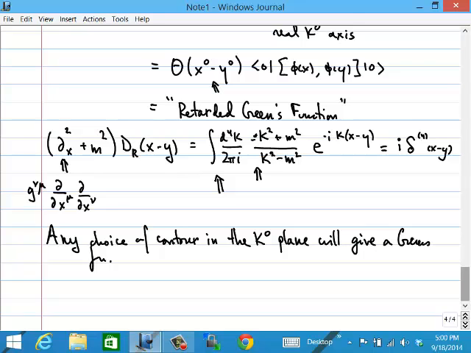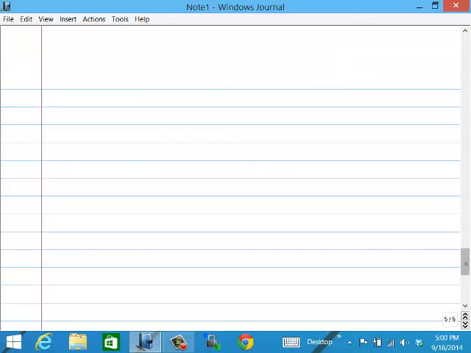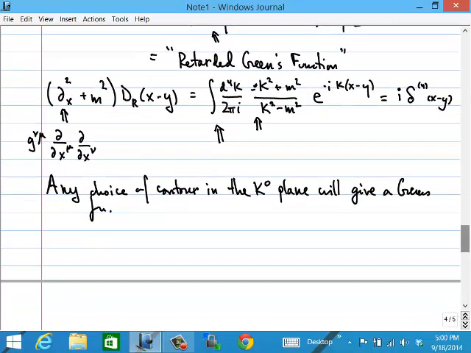So in our future studies of quantum field theory, we'll actually find much more useful a slightly different choice of contour. The most useful propagator is known as the Feynman propagator.